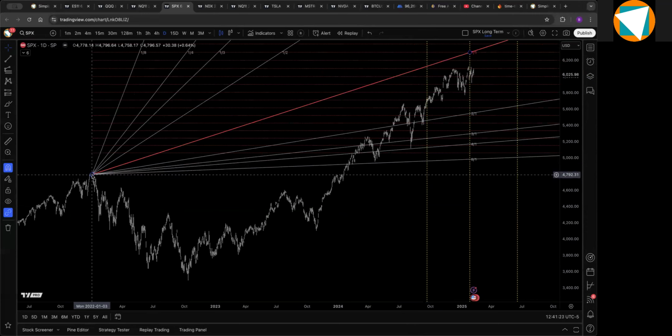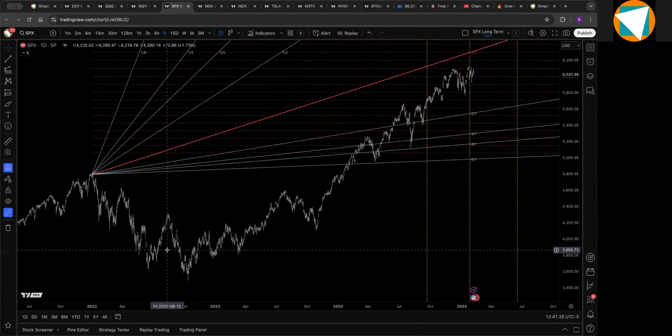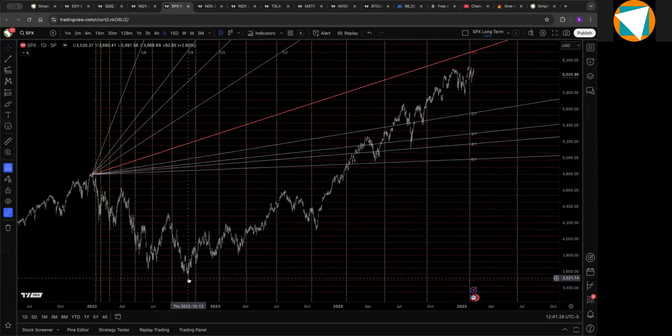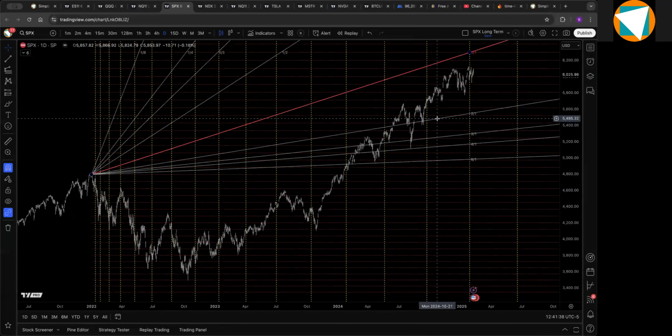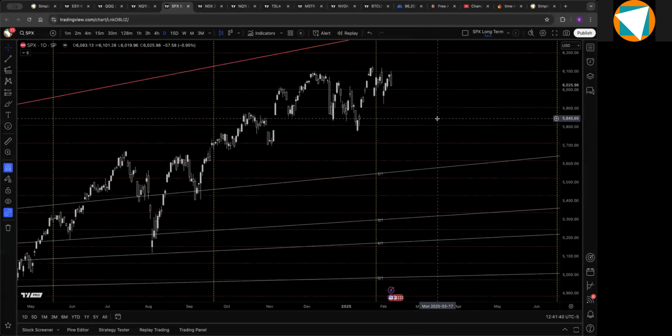This is just before the inflation-driven bear market of 2022. And we can see how these fans here provided support throughout the bull market of 2024. And again, we've got some great levels here.